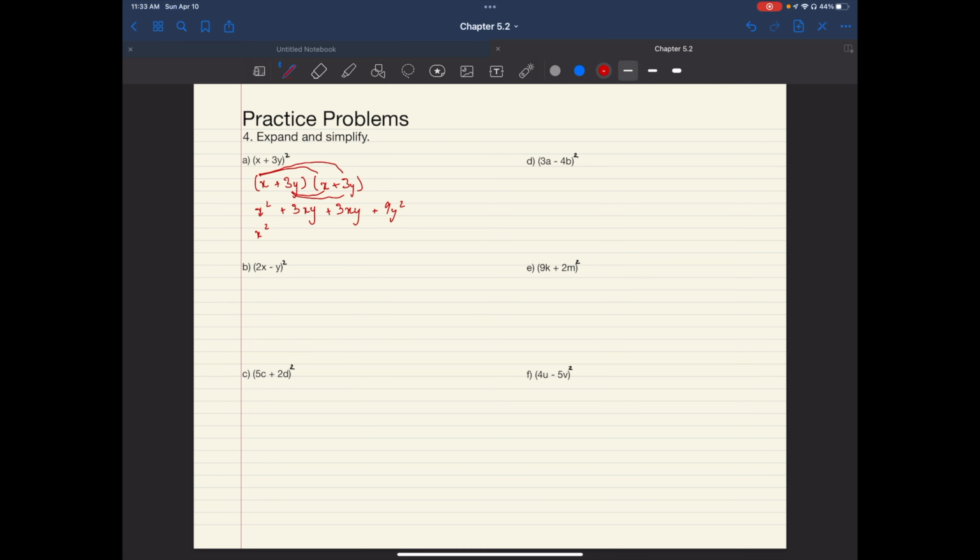Collecting like terms, x squared plus 6xy plus 9y squared.